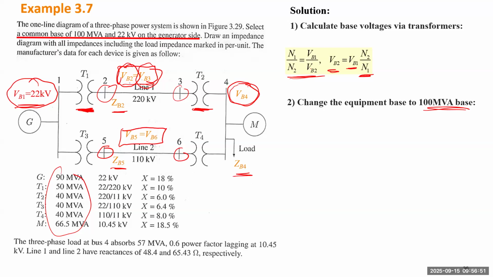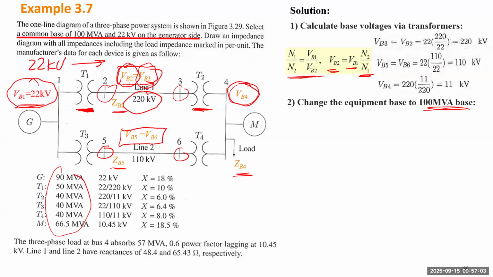That is exactly calculating from this 22 kV to get the voltage on the other side, which is 220 kV. That's pretty straightforward. For substation number 2 and number 3, the voltage base will be just 220. It doesn't change at all.